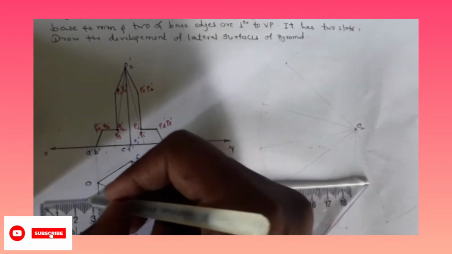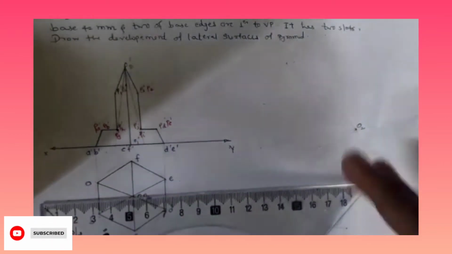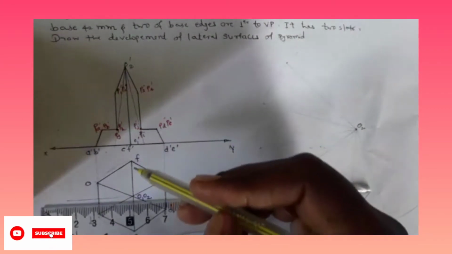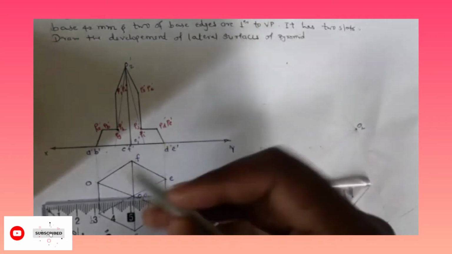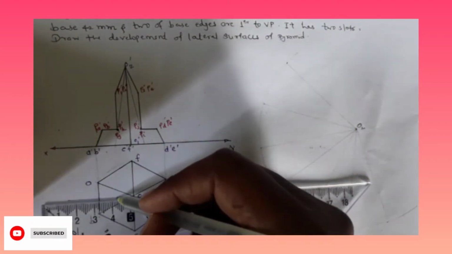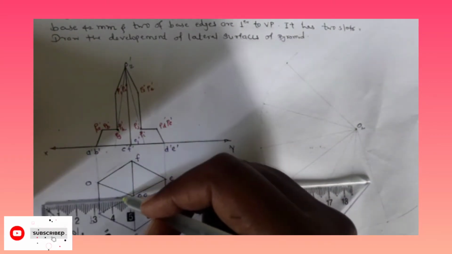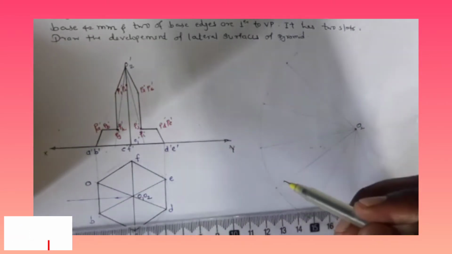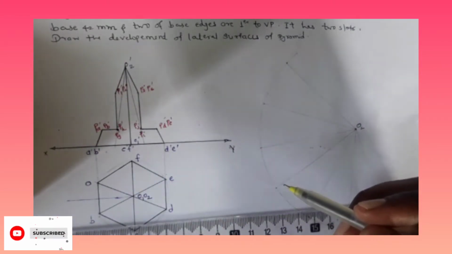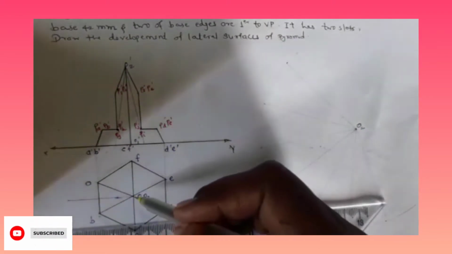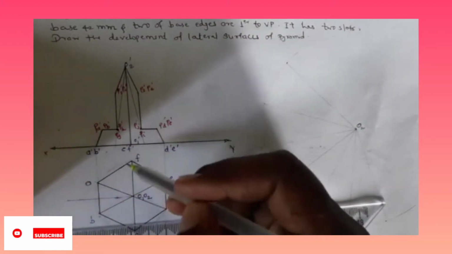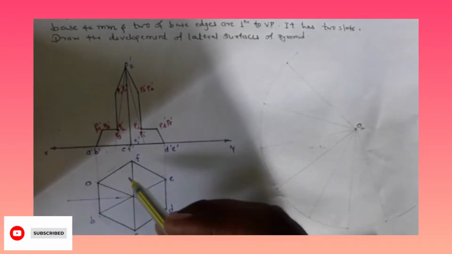So through this point we need to draw the line parallel to the XY. Here I have drawn this line parallel to XY.